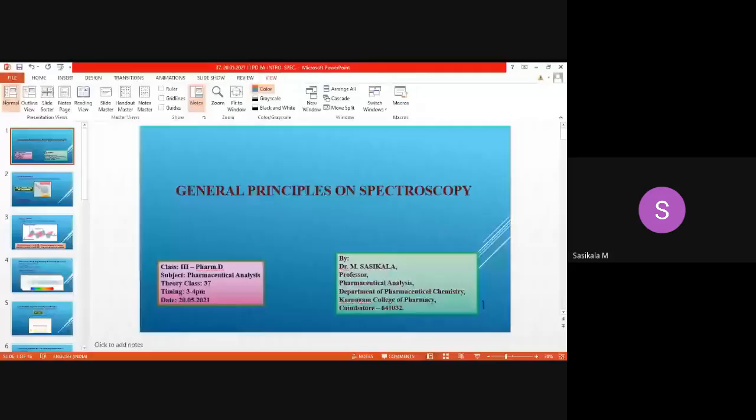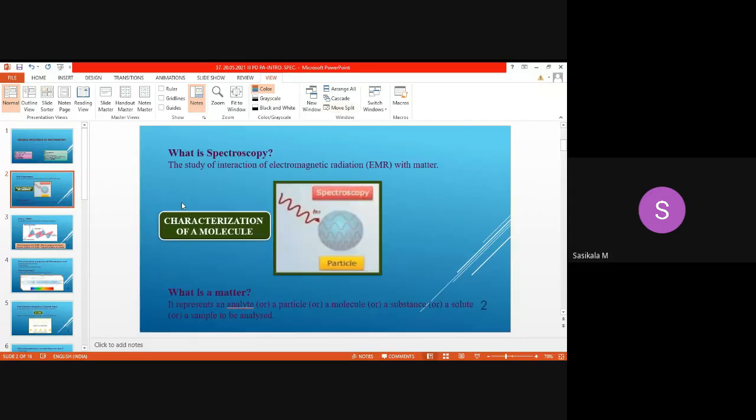Now let's see the introduction and general principles of spectroscopy. What does the term spectroscopy represent? It is nothing but the study of interaction of electromagnetic radiation, that is EMR, with matter.